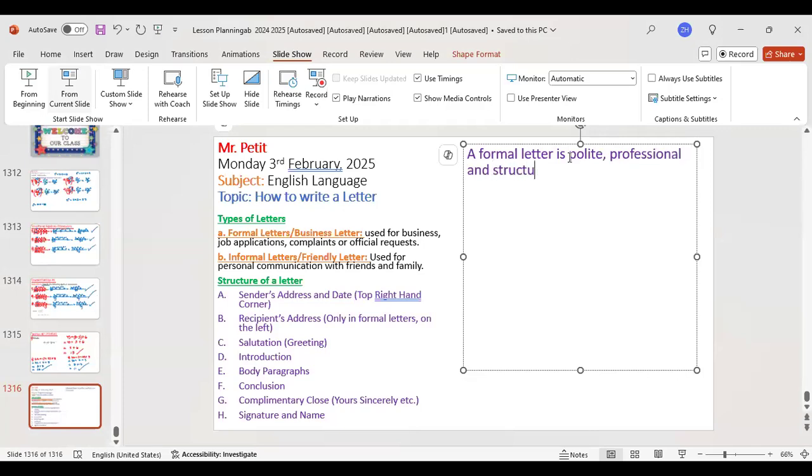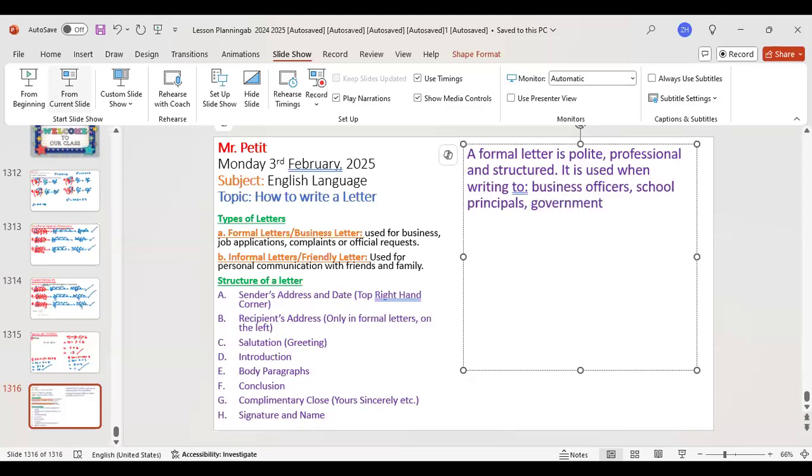So can we use Bahamian slang in it? No, sir. It is used when writing to who? Business officers, school principals, government officials.